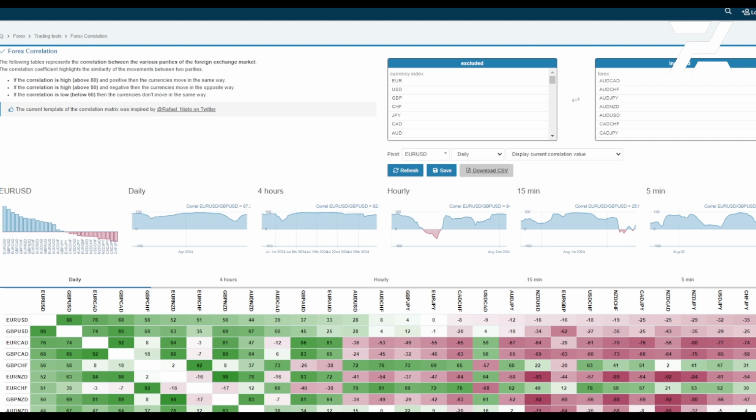So two currencies essentially. If the correlation is high, that means it's above 80. This means then the currencies move in the same way. And when it says positive, that just means in the green. So if the correlation is high above 80 and the negative, that means in the red. So the green is positive, the red is negative. So if the correlation is high and above 80, but it's negative, then the currencies move in the opposite way, okay? If the correlation is low, below 60, then the currencies don't really move in the same way.